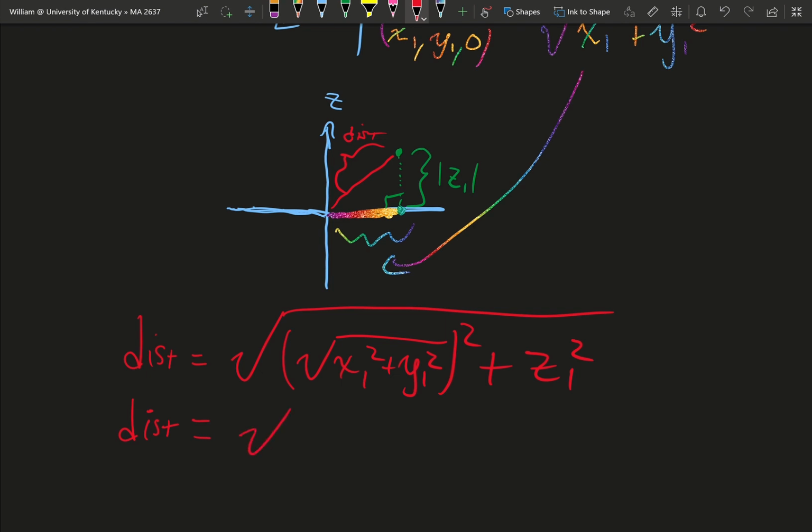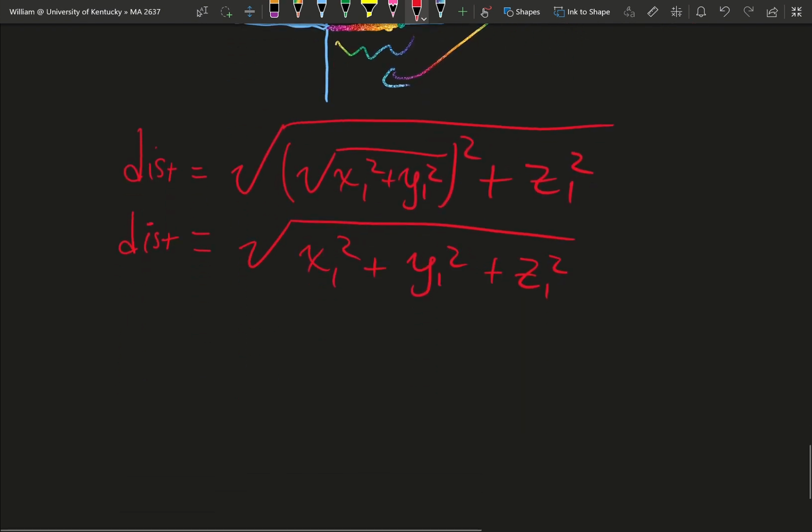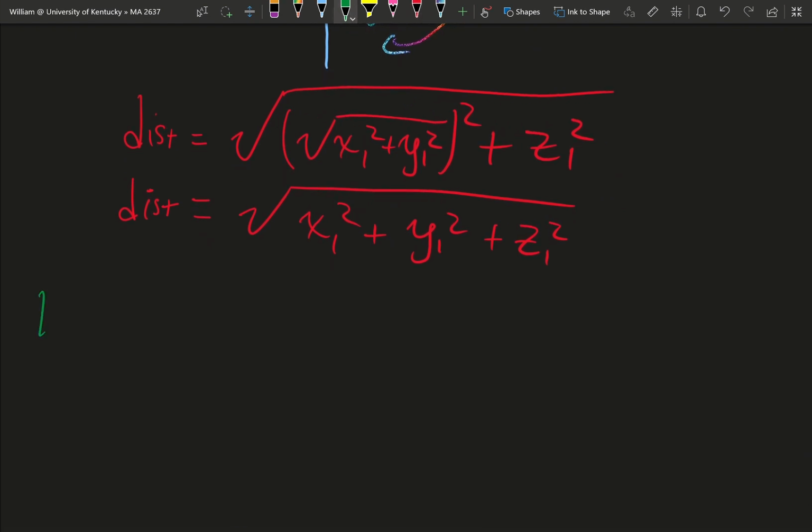And the square root and the squares cancel, so I just get the square root of x1 squared plus y1 squared plus z1 squared. So that's as complex as it gets. If I move from the origin to just another point, I'm just going to replace x1, y1, and z1 with the relative differences. So, the distance formula in three-dimensional space.